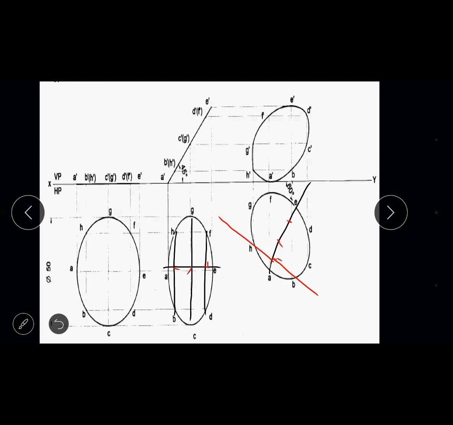Then again, position the center point of the protractor at the second point, and consider a 90-degree line forward and a 90-degree line backward.